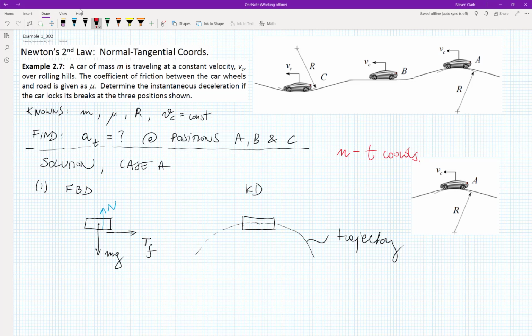That means that our u_n will be pointing inside the circle, and our u_t will be aligned with the velocity, right? And since our velocity is pointing to the left, our u_t will also be pointing to the left. Okay, so now let's introduce our accelerations there. So this is our m a_n, and this will be our m a_t. Okay, I am done with FBD and KD.